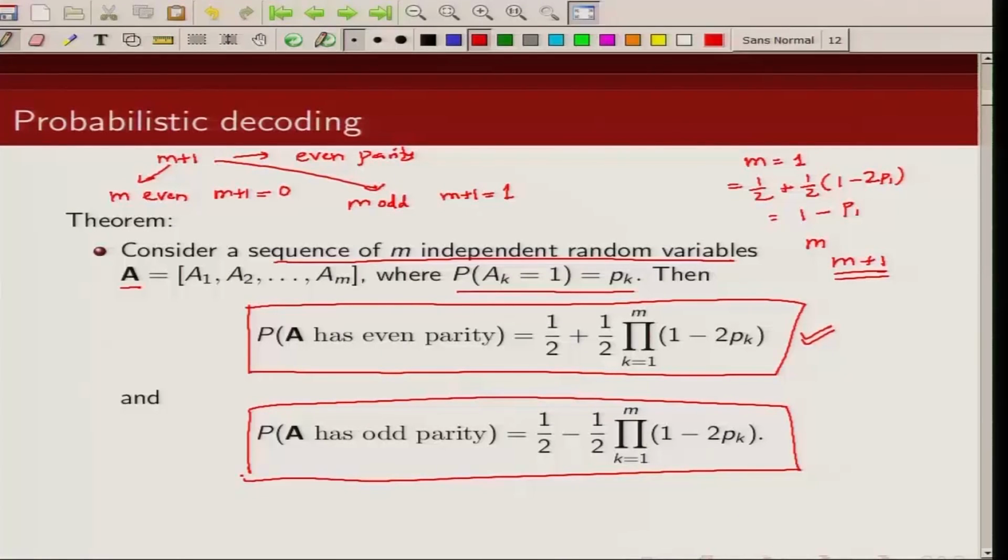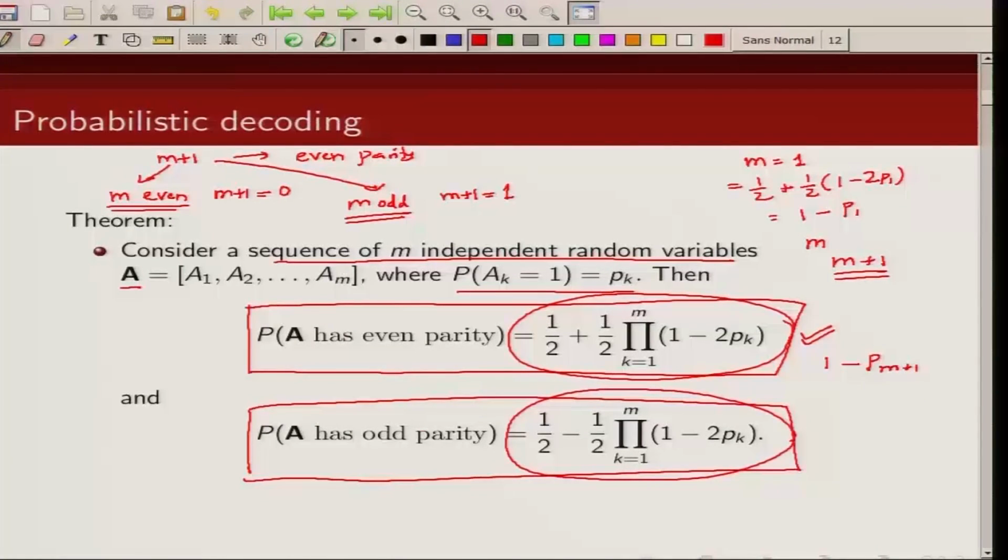What is the probability of m being even? That is given by this. What is the probability that the (m plus 1)th variable is 0? That is given by 1 minus p(m plus 1). What is the probability that m of them is odd? That is given by this probability. And what is the probability that the (m plus 1)th random variable is 1?